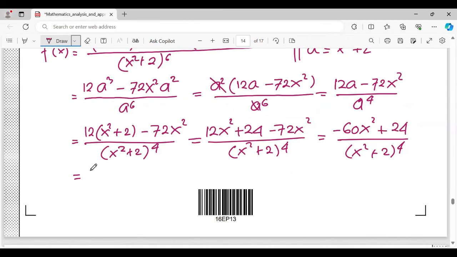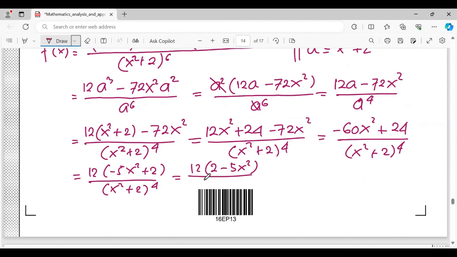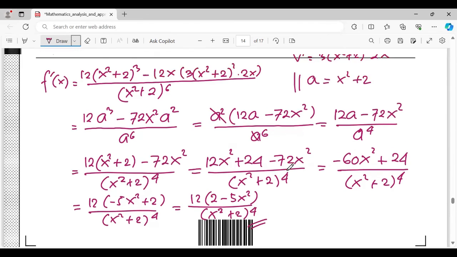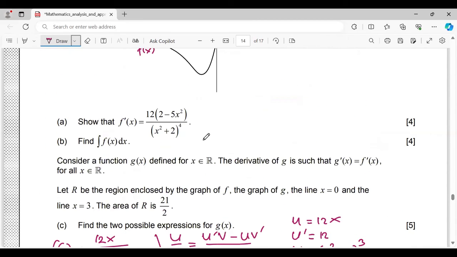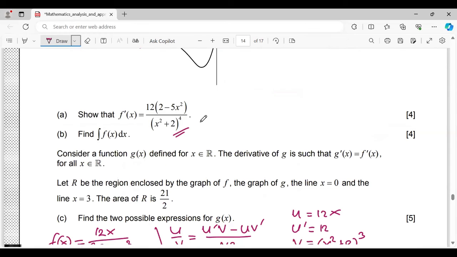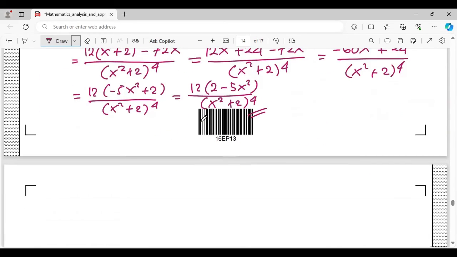Factorizing by 12, it is 12 times (2 minus 5x squared) over (x squared plus 2) to the power 4. So, proven. Now find the integral of f(x).